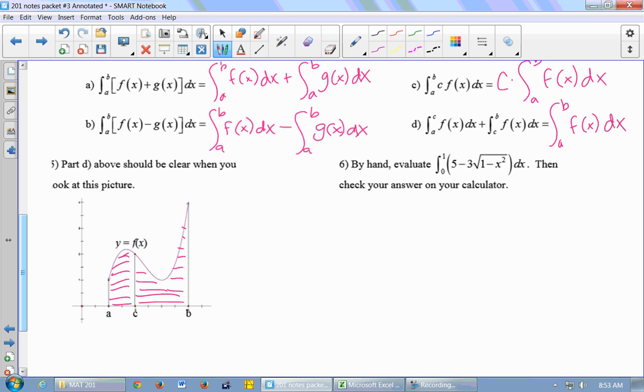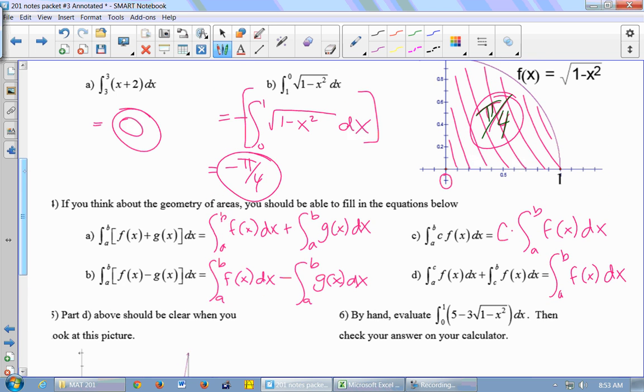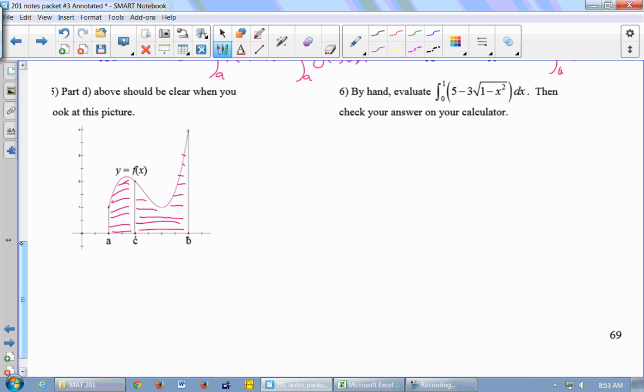Okay, so using our rules and the fact that I know the integral from 0 to 1 of radical 1 minus x squared dx because we did it a few minutes ago up here, I'm going to use my rules and the area of a circle formula to come up with this integral. So first of all, this is a subtraction, 5 minus 3 radical 1 minus x squared. So I can break that integral into two.